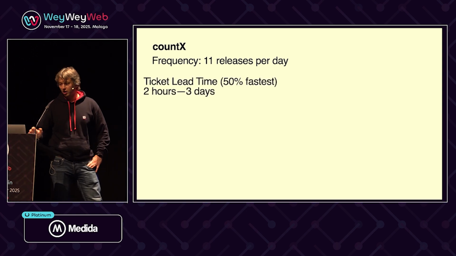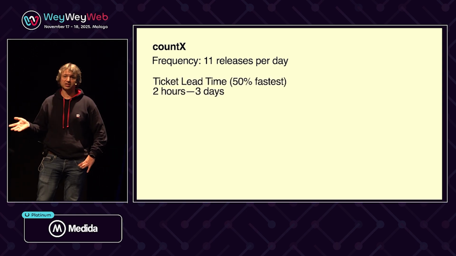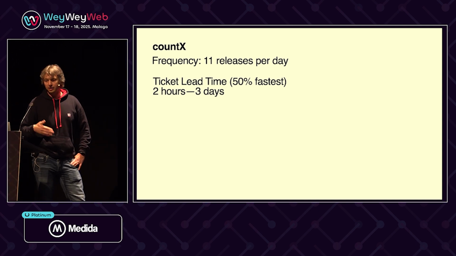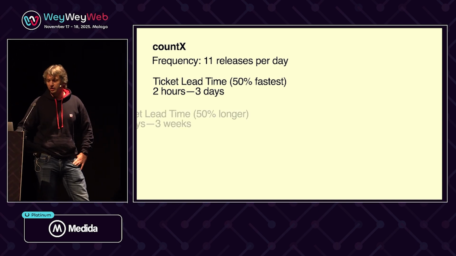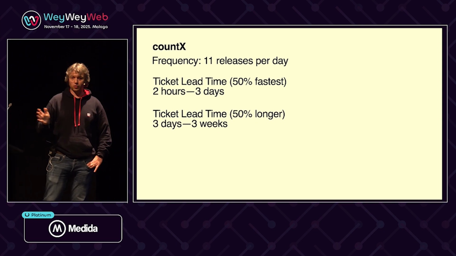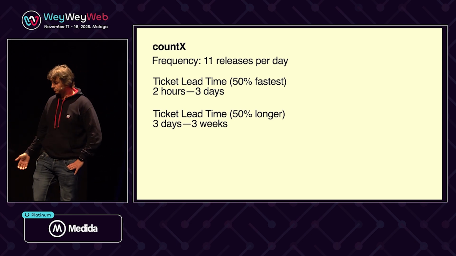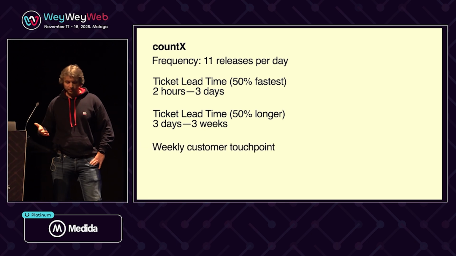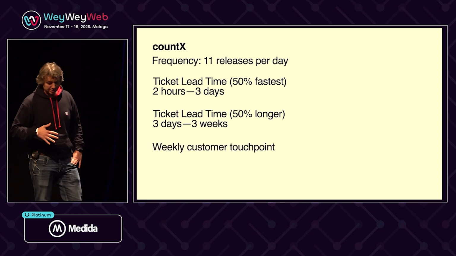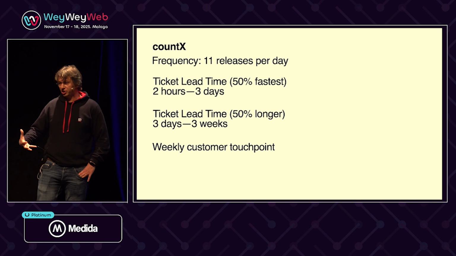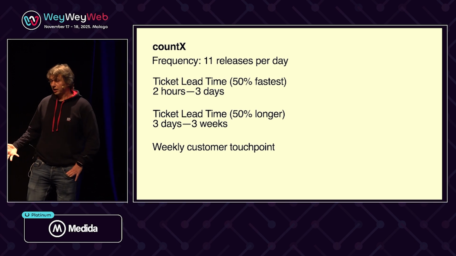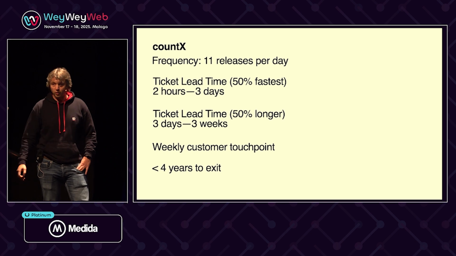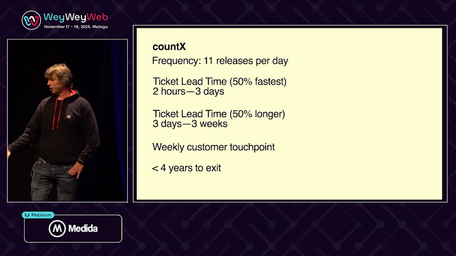So half of our tickets would be complete somewhere between 2 hours and 3 days, and the other half, usually the more complex ones, would take somewhere between 3 days and 3 weeks. This speed, combined with weekly discovery touchpoints, accelerated our value creation and moved the business forward. And in under 4 years from our first commit, our company was acquired, marking our successful exit.